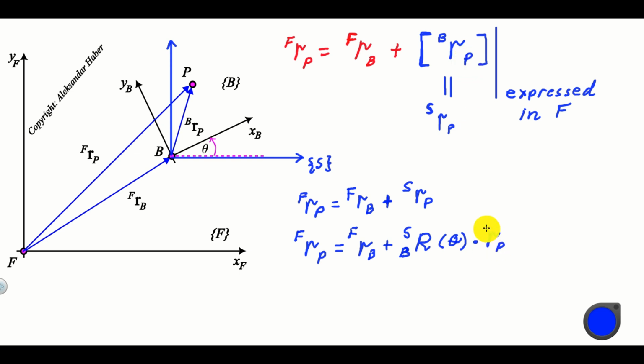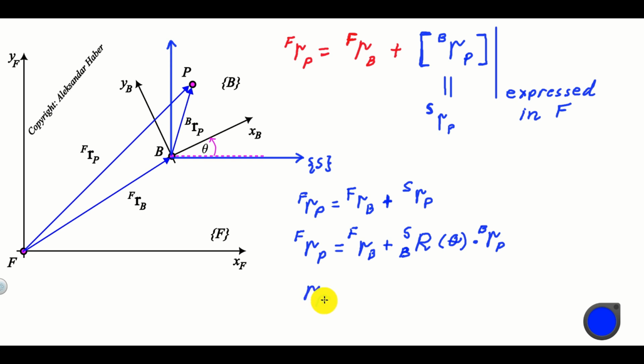And this is what we showed previously. Now, this rotation matrix R, B to S is actually equal to the rotation matrix from B to F, since we can see F and S as equivalent frames when it comes to rotation, translation is not taken into account.